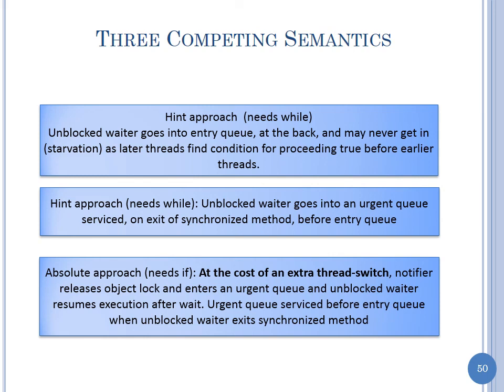It's trying to unblock somebody, and it may never get to execute its method again, because enough new threads may keep coming in. So again we have an urgent queue, but in this urgent queue, it's the notifying thread rather than the notified thread that actually gets put. And that urgent queue is serviced before the entry queue, and things proceed.